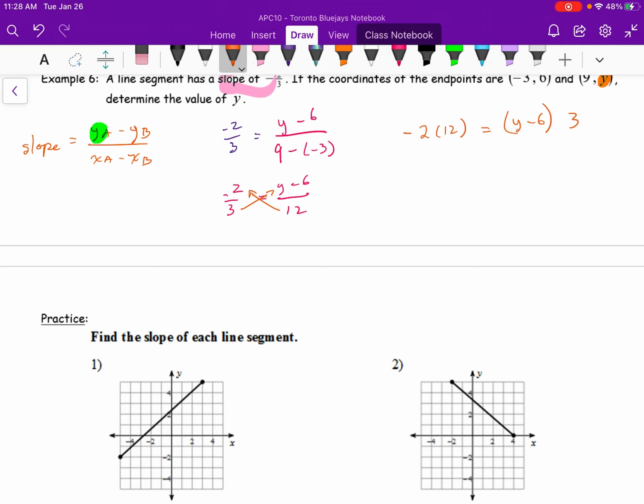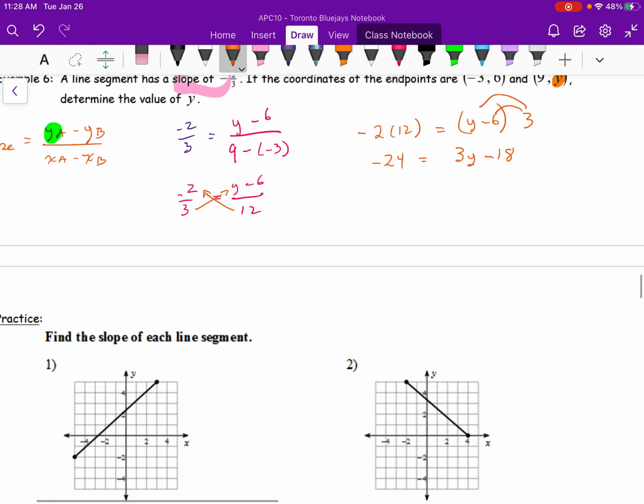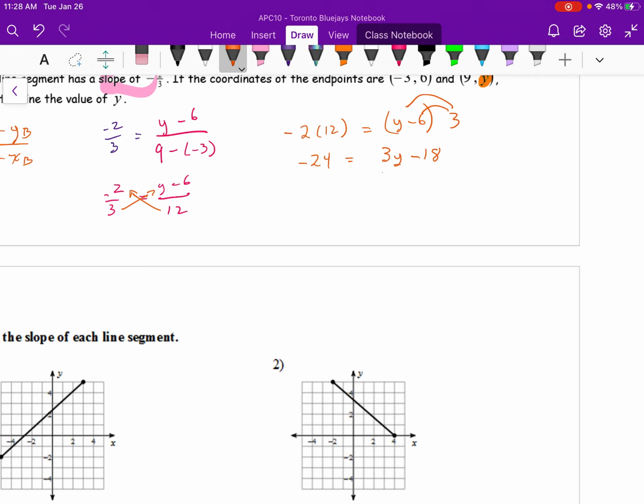What I notice is -2 times 12 is minus 24. And that is equal to, so now I'm going to multiply the constant 3 to the binomial. On the right-hand side, I get 3y minus 18. This is just my own personal preference. I like it when the unknown is on the left-hand side.